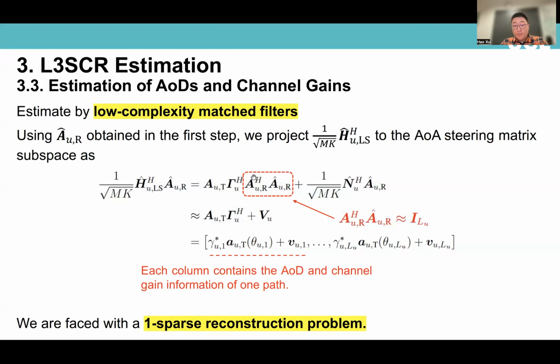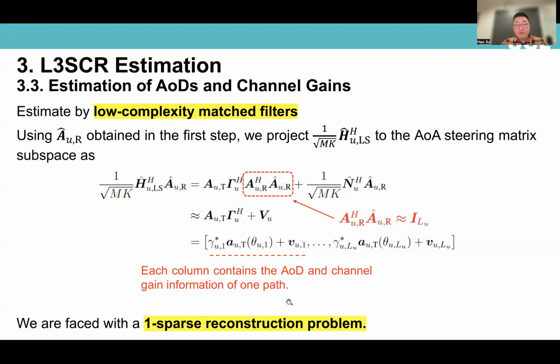Here, when M is large, the product of these two matrices can be approximated by the identity matrix. And each column of this matrix contains the AOD and channel gain information of one path.